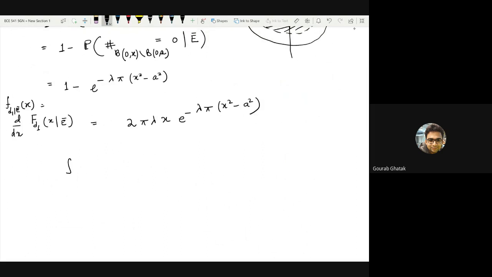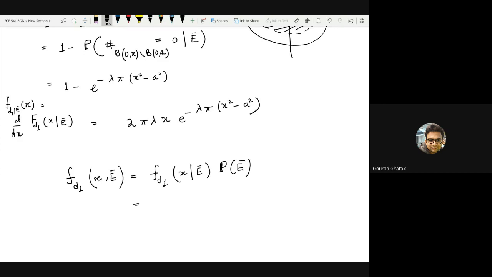Now if we are trying to find out the PDF of d1 of x given e bar is true, let me be consistent with these expressions. We are trying to find the PDF of d1 of x such that there is one point that belongs to that set a to b, because it is defined only when e bar is true. It is simply the conditional distribution of x given e bar multiplied by the probability of e bar.